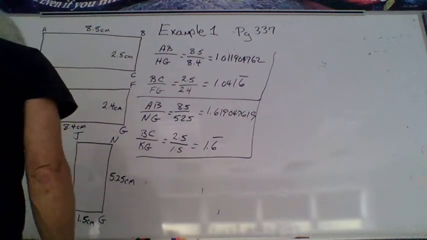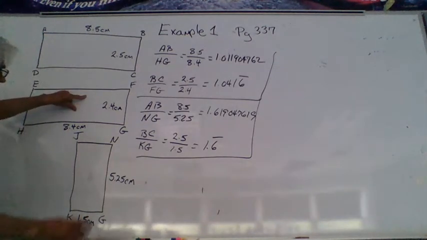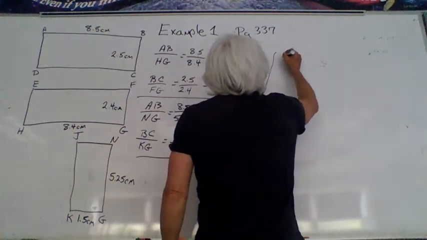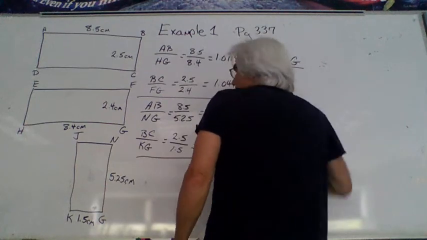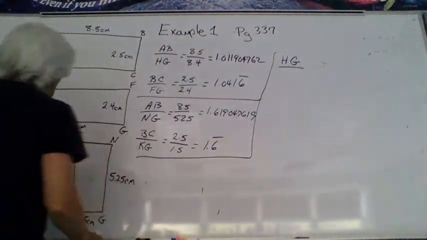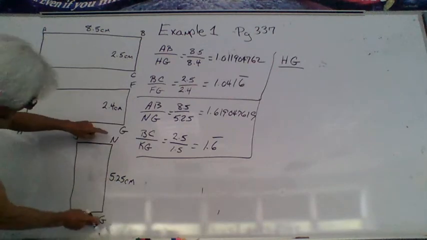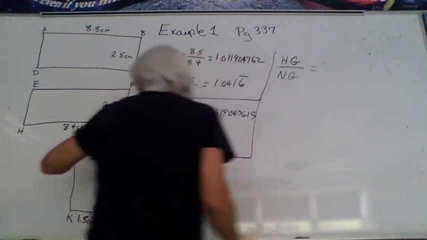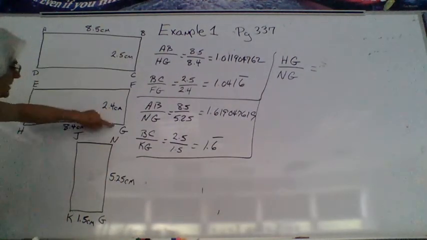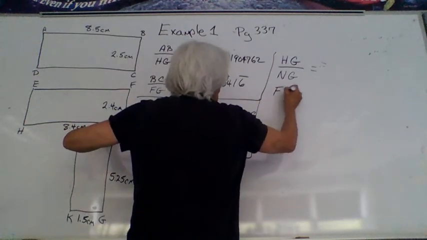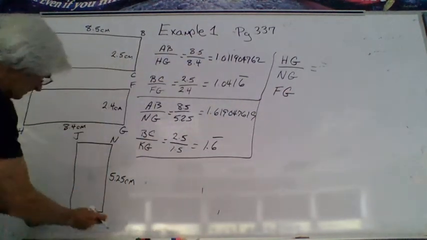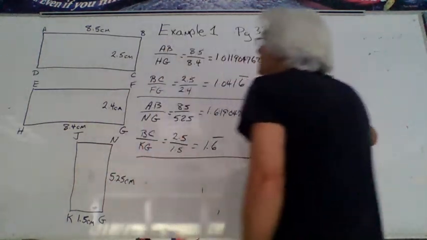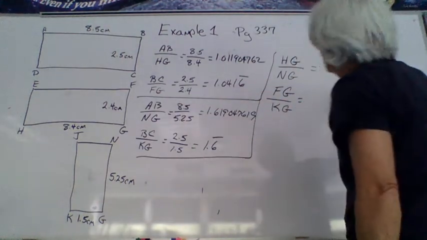Only one more to try. I can compare this rectangle with this rectangle. So I'm going to do HG, whose corresponding side would be NG, and FG over KG. My HG is 8.4.